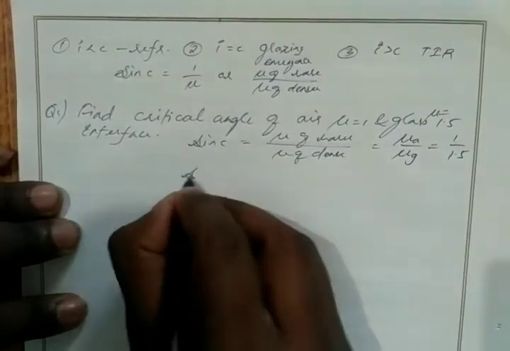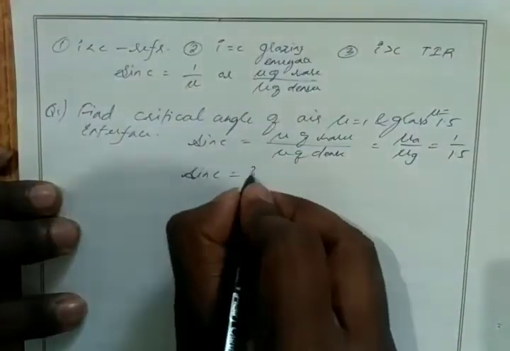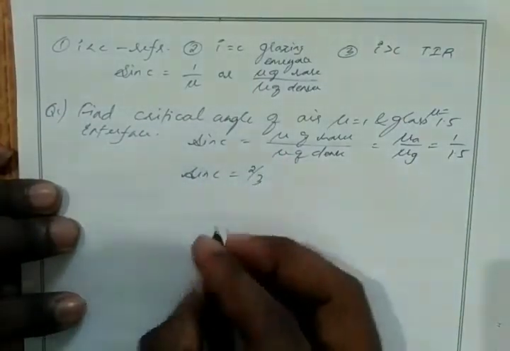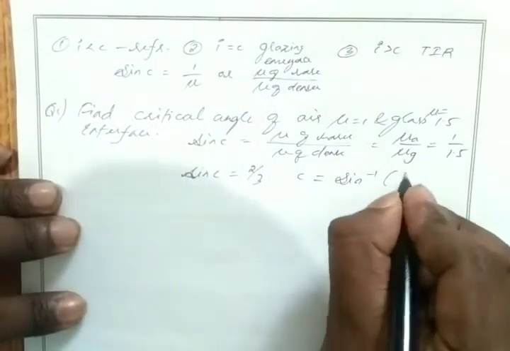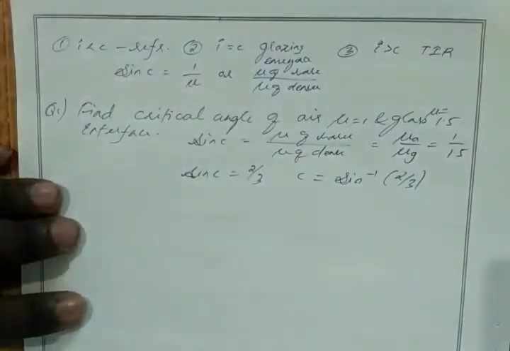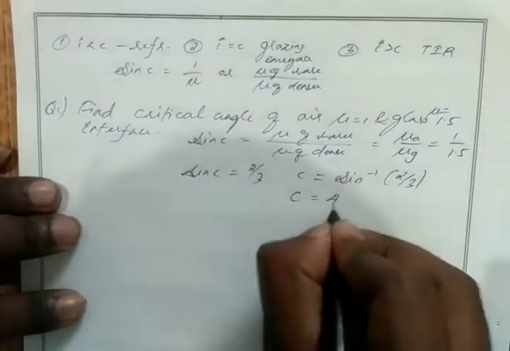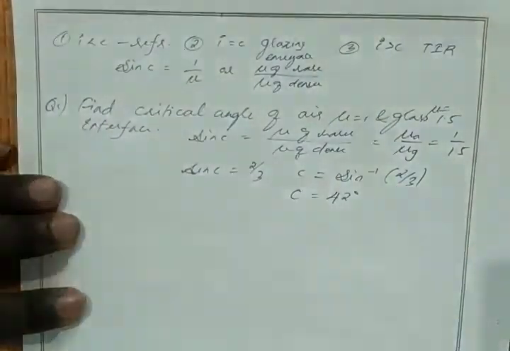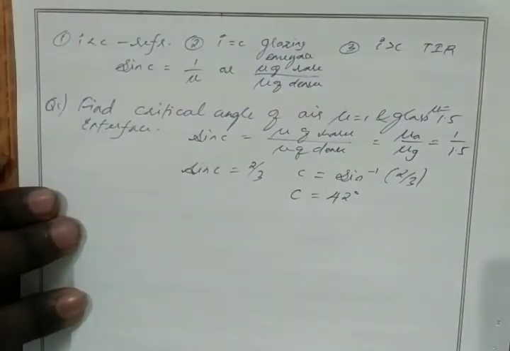We have sin C equal to 1 divided by 1.5. We can also write the 2 by 3 ratio. So C equal to sine inverse of 2 by 3. For which theta in sine do we have the result of 2 by 3? For sine 90 degree, we have 1. For sine 42 degree, we have the answer 2 by 3. So the critical angle will be approximately 42 degree.